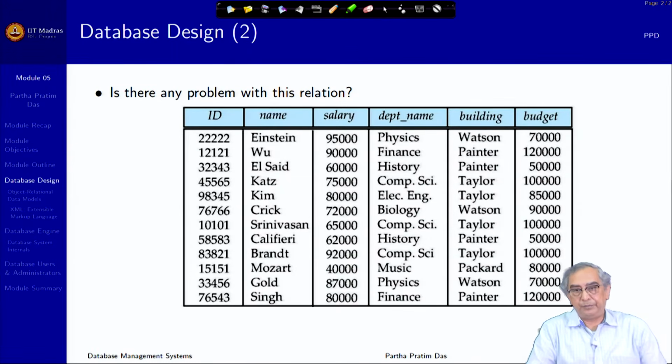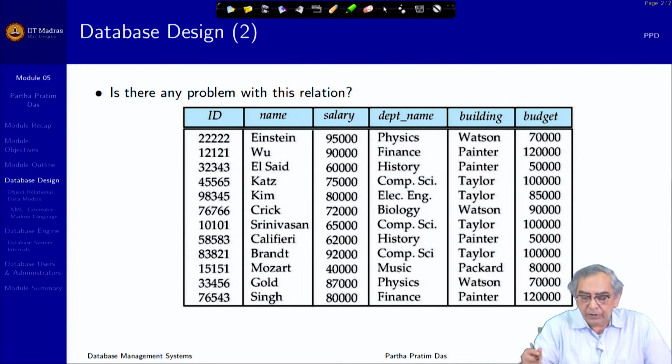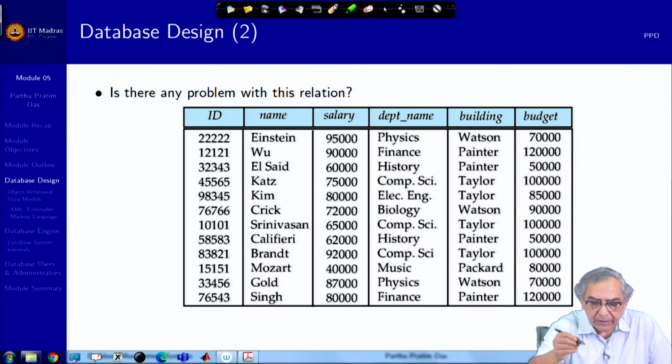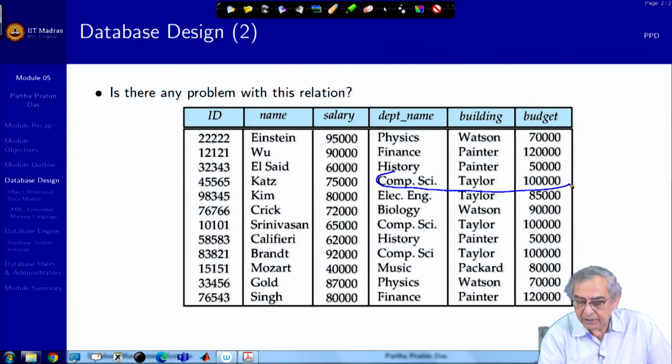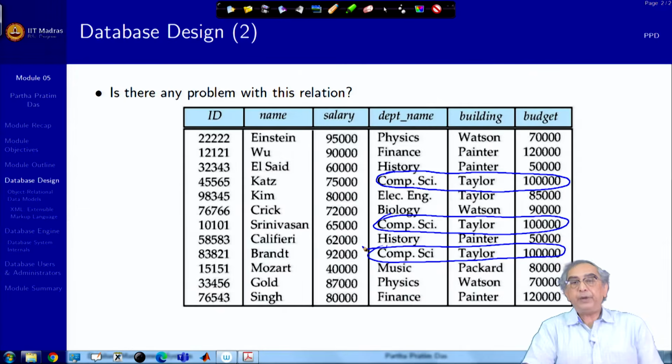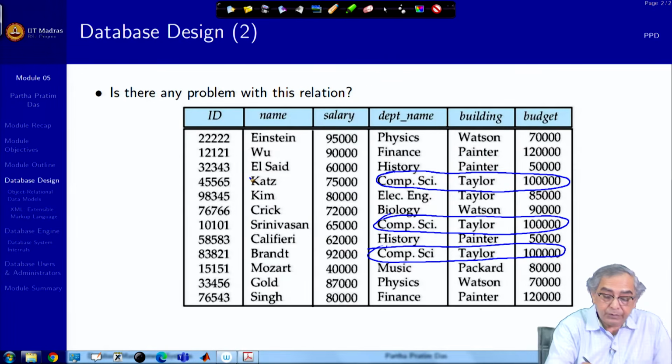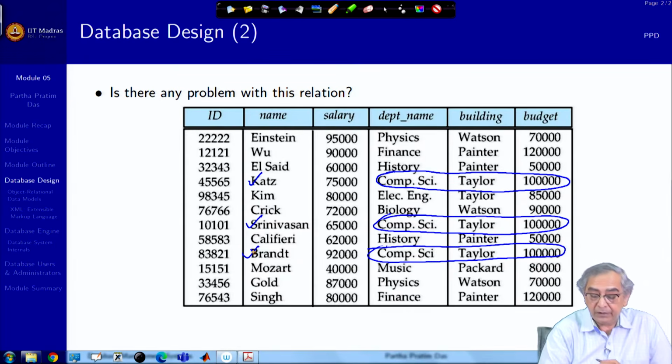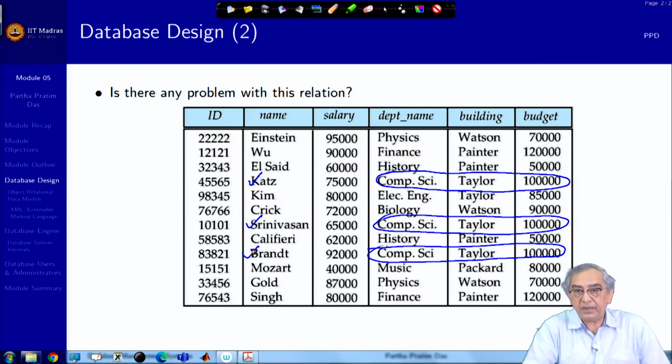So, what is the problem? That is particularly what we need to know. So, let us try to observe something. Let us look at this part, say computer science. We have one entry here, we have another entry here, we have a third entry here. Why do we have 3 entries which are particularly identical? Because we have 3 faculty, Katz, Srinivasan and Brand, all of whom work for the computer science department.